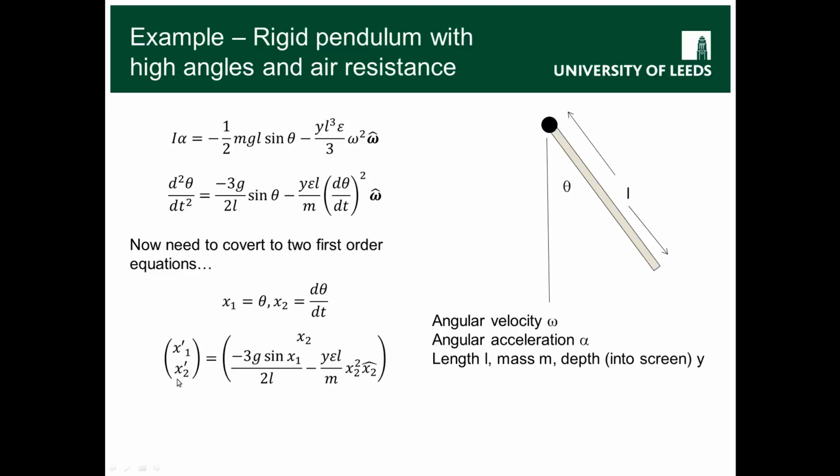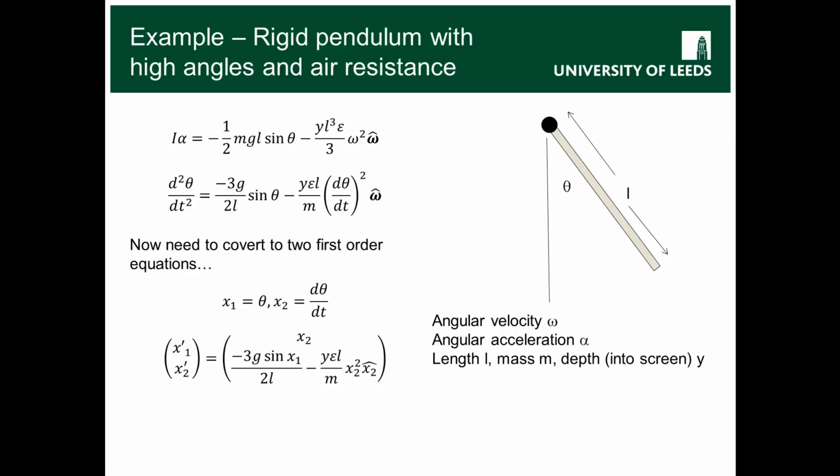The second line says x2 prime, so dx2 dt, which is d2 theta dt squared, is, and then we've rewritten the main equation in terms of x1 and x2, and our omega hat has now become an x2 hat. So this is what we're going to feed into our routine to solve the differential equation.